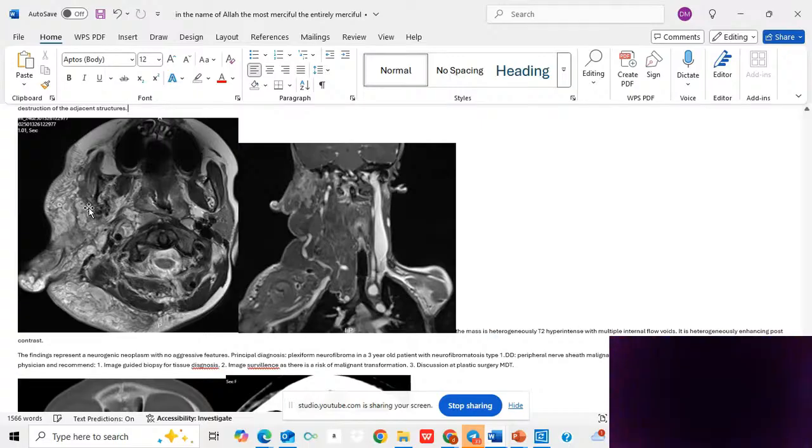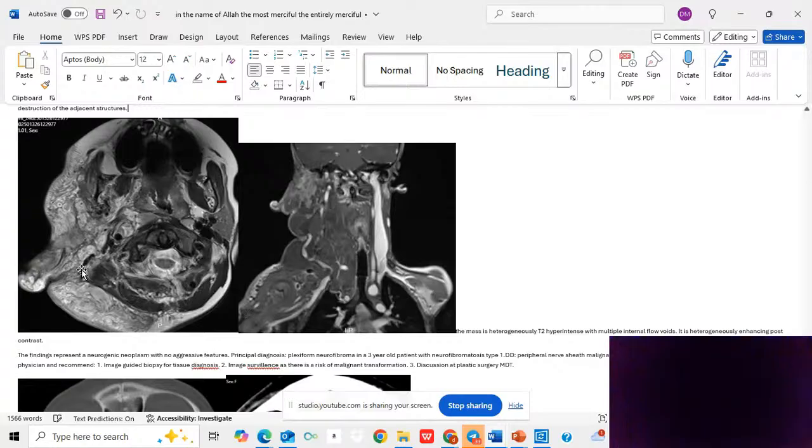Can you see these dark spots inside the mass? So the mass is peripherally hyperintense on T2 and centrally hypointense. This is the characteristic target sign of neurofibroma.